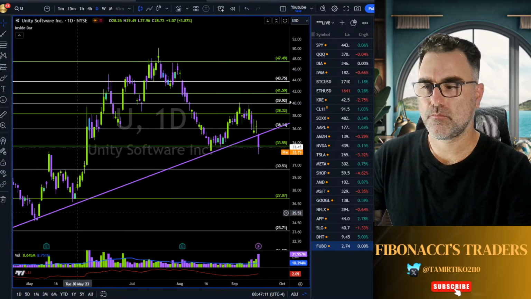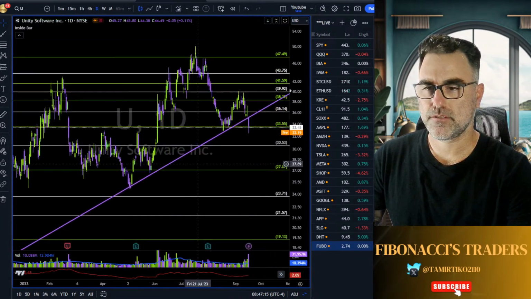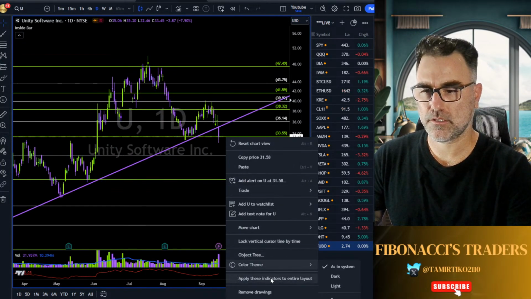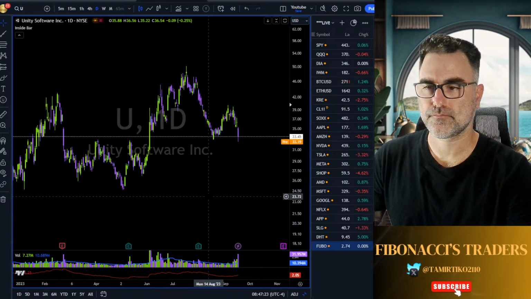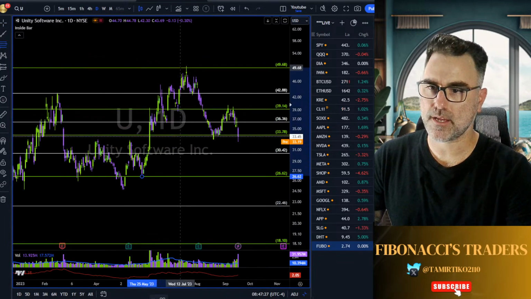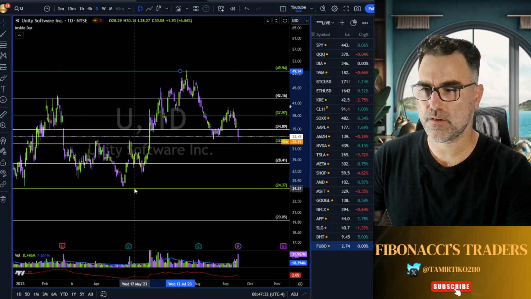Mark, broke below a very important trend line. Now, let's clean the chart. Let's take Fibonacci, swing low, swing high. We can take also from here.